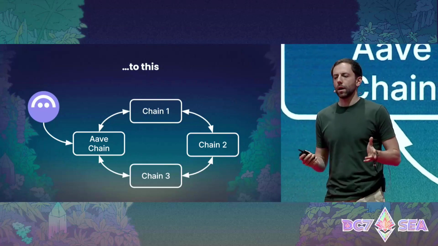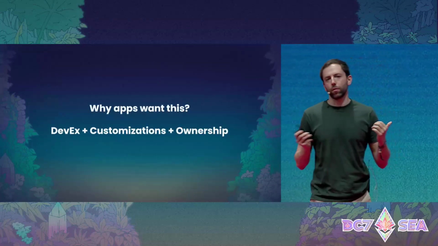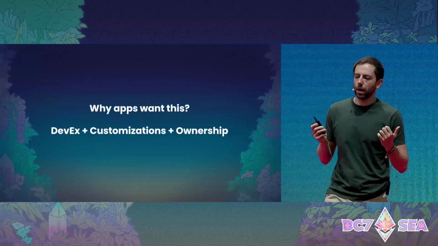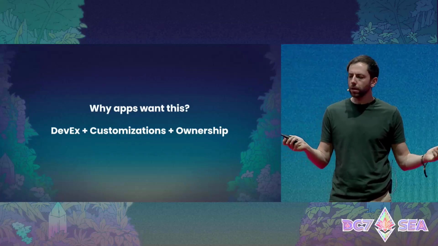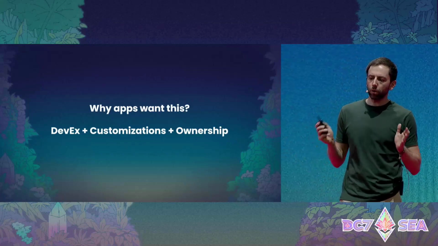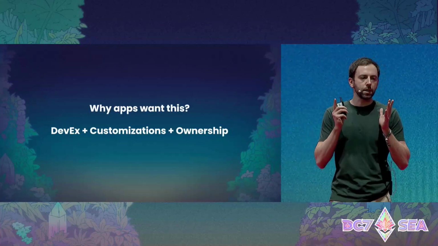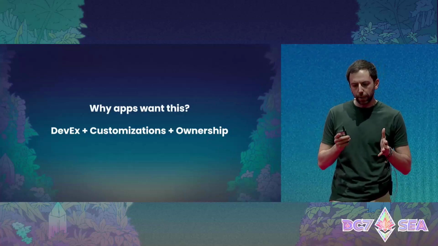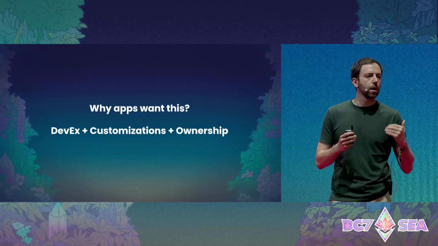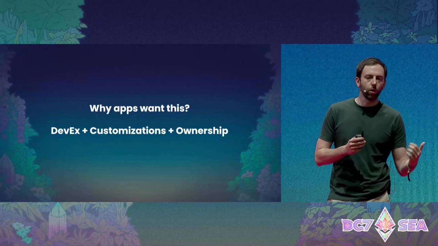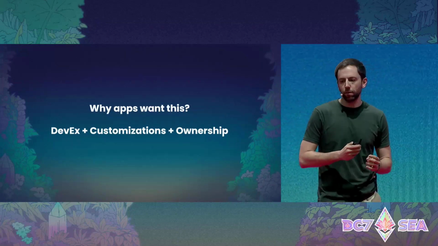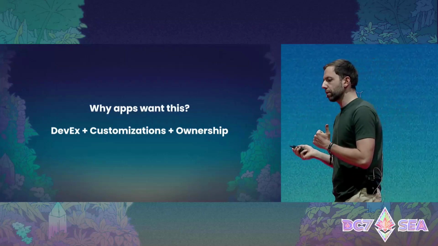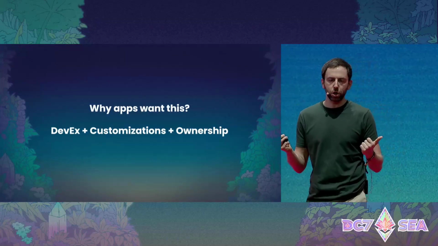We see a lot of interest in this topic from app builders, because obviously the developer experience of deploying on many chains is not great. But more importantly, you can customize your application and offer functions that are not possible in a uniform, one-size-fits-all environment. And very importantly, you have full ownership of what's happening there.